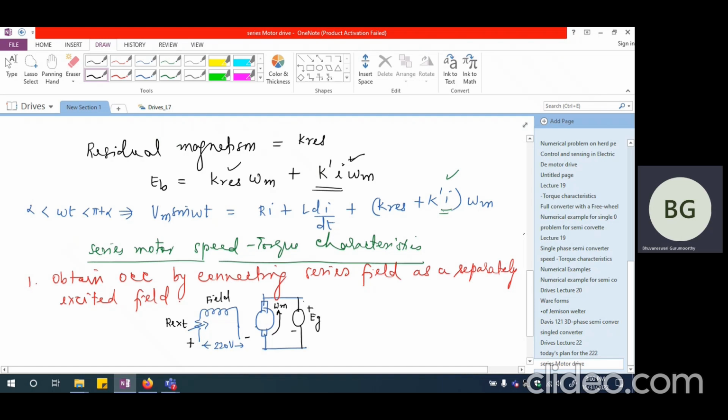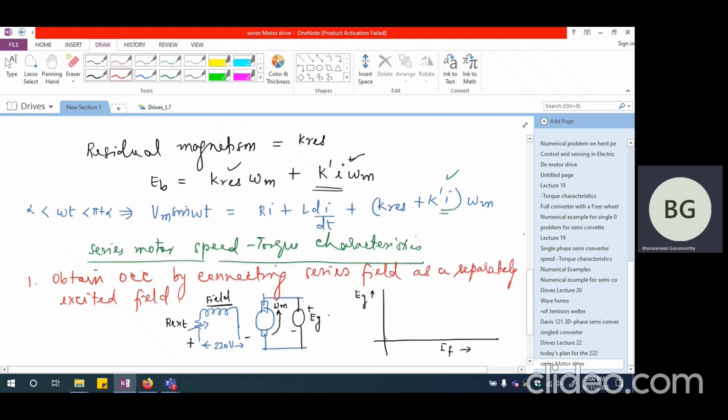So you couple the armature to a prime mover, and then you rotate that prime mover at a particular speed. And then you see what is the generated voltage you are getting when different values of field current are flowing. And that if you plot, you will get EG versus IF. So that will be the open circuit characteristic.